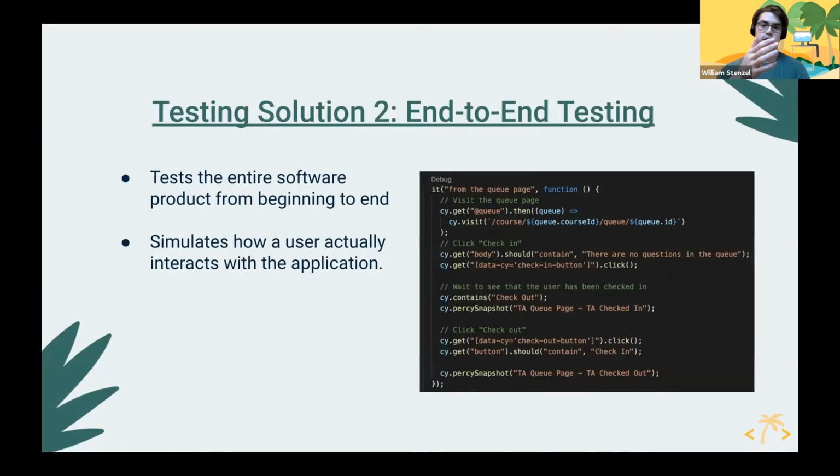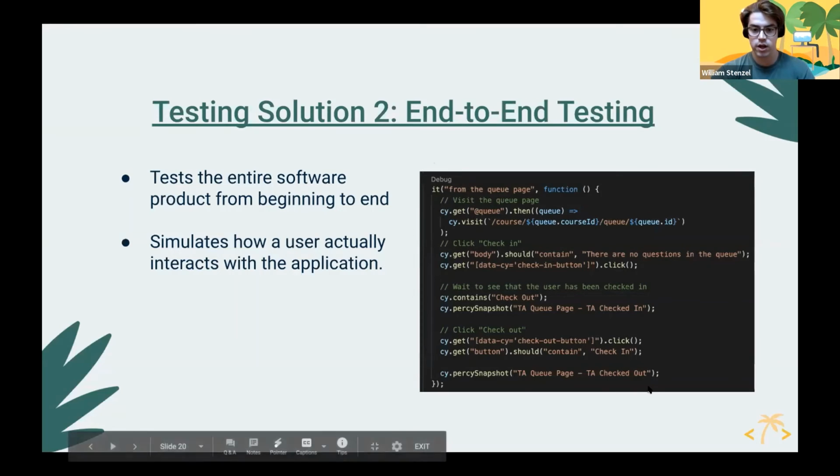Switching gears here, what if you don't want to test just the small pieces of your application? What if you want to get a sense of whether the whole application is working? That's where end-to-end testing comes in. This is testing the whole product throughout all the different user flows, and it simulates how a user would actually interact with it.